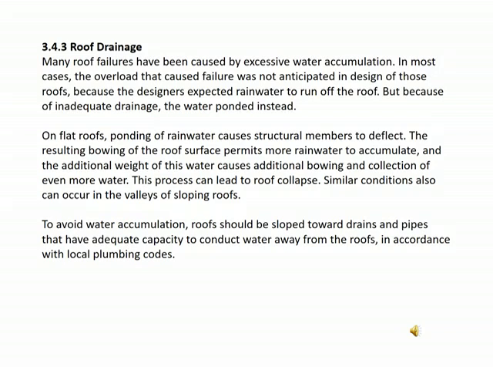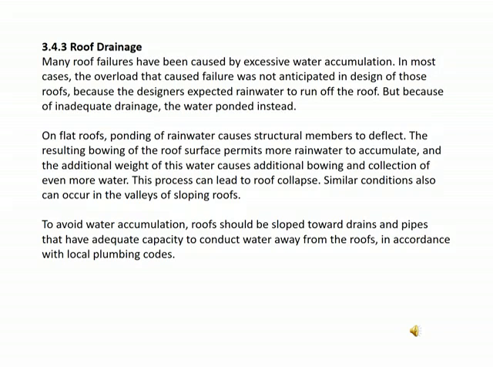On a flat roof, ponding of rainwater causes the structural members to deflect. So in this case, our roof should be sloped. If the roof is not sloped and is horizontal, all the water can accumulate on the structural members, so that deflection can happen. Because of not only the wind, additional water load is also carried by the structural members, so those members will deflect. The resulting bowing of the roof surface permits more rainwater to accumulate, and the additional weight of the water causes additional bowing and the collection of even more water.